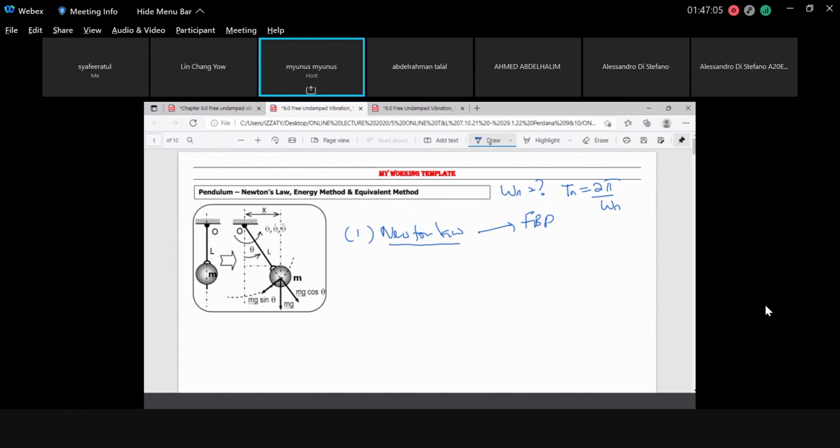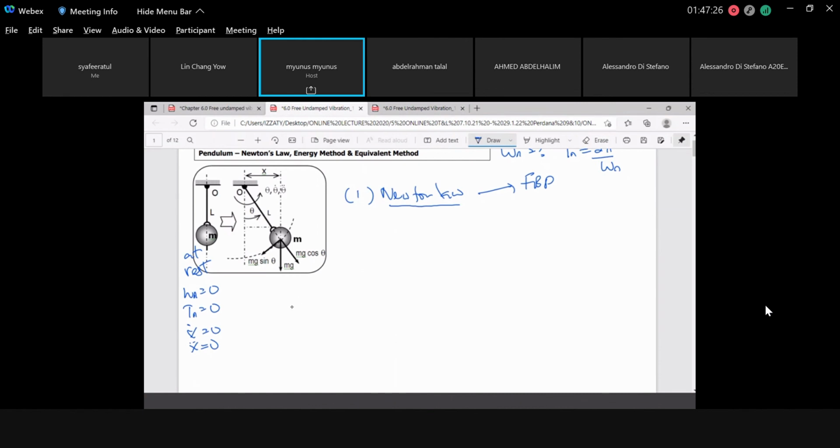So let us now move to the pendulum. This is the pendulum at rest. There is no oscillation. Here omega n equals 0, T equals 0, x dot equals 0, x double dot equals 0, x equals 0. Everything is 0.